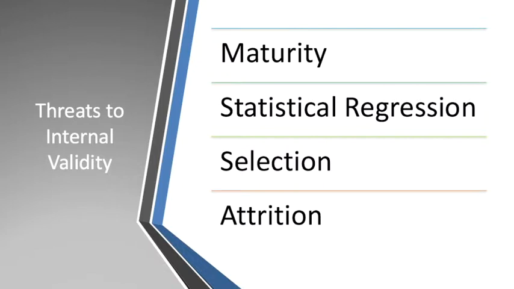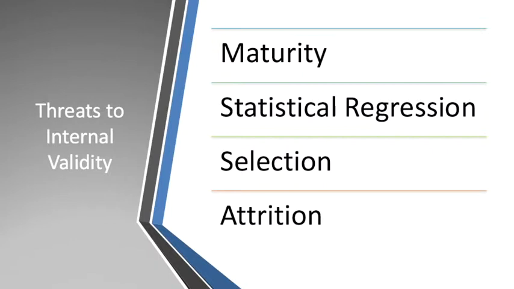They've developed in some way, okay, that has very little to do with the intervention in and of itself. It could be just natural development, natural growth that happens over a period of time. And that could actually be why the students are experiencing the educational gains that they did experience throughout the duration of the study, as opposed to the intervention in and of itself.